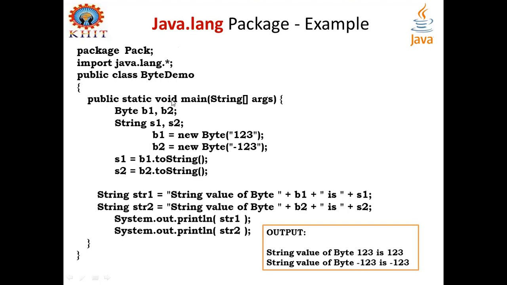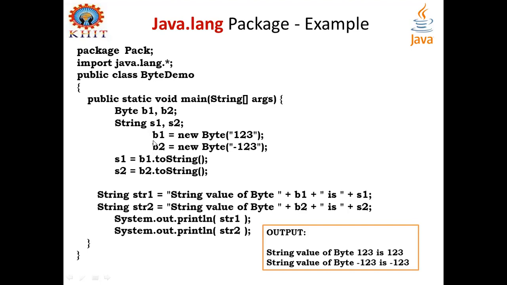And this is the main class. That's why I have defined the main method here. I'm going to define two Byte variables b1 and b2, and strings s1, s2. This program is collected from an e-resource to make it easily understandable. b1 and b2 are the two variables, and these are the references.